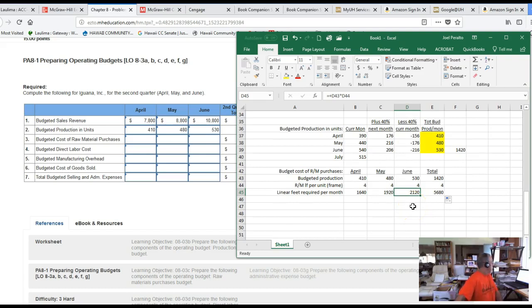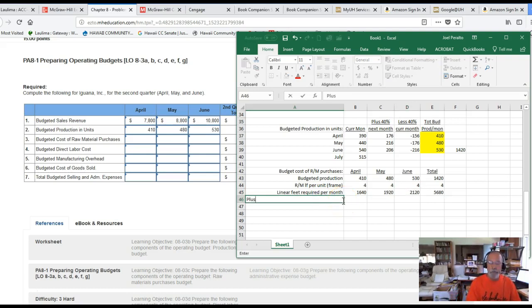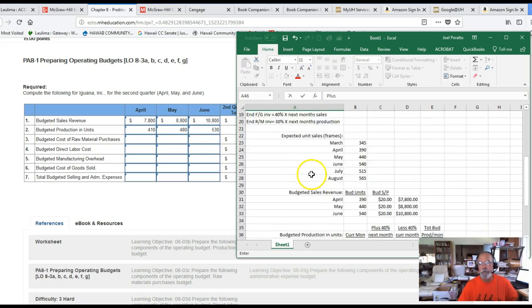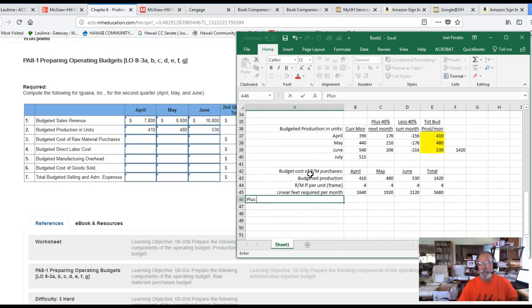Okay. Now, just as we did up above to adjust for inventory, we need to add, plus, and our raw material inventory policy is 30% of next month's production for our ending for the current month. So plus 30% times next month production.